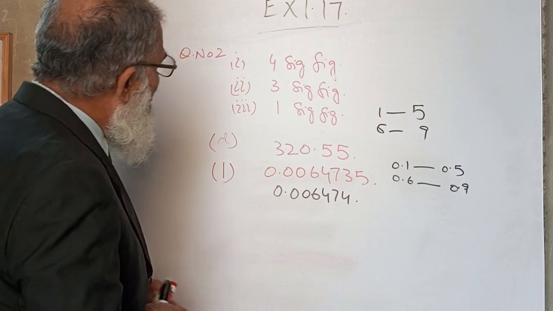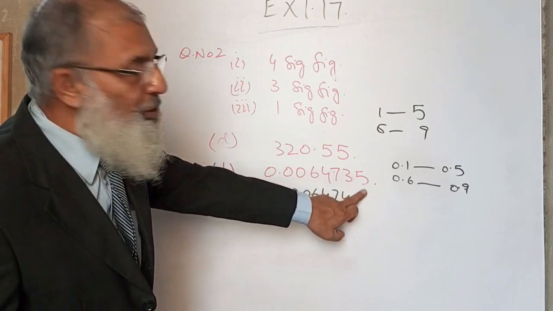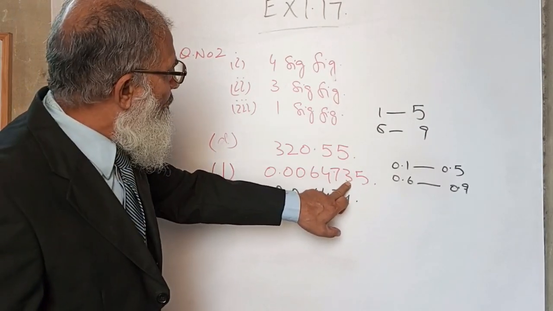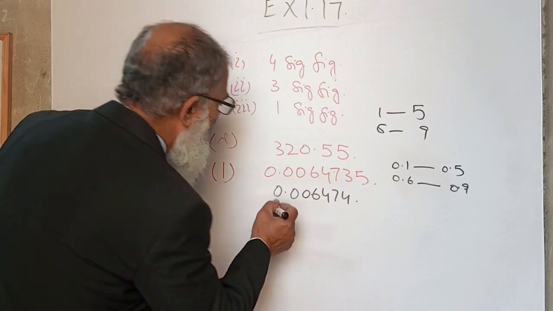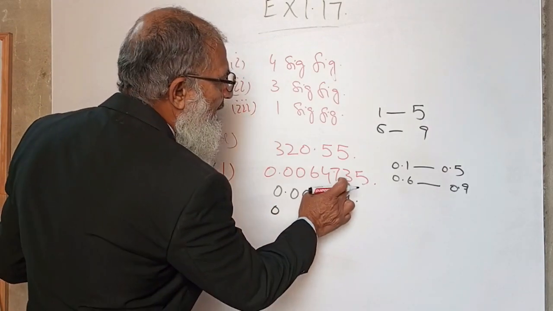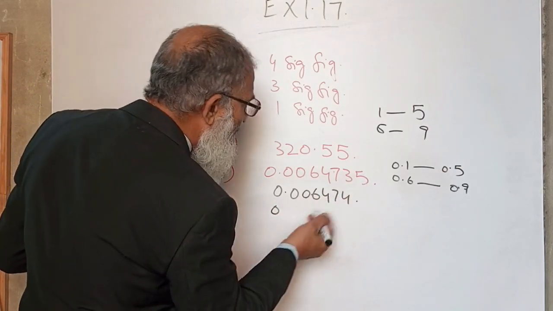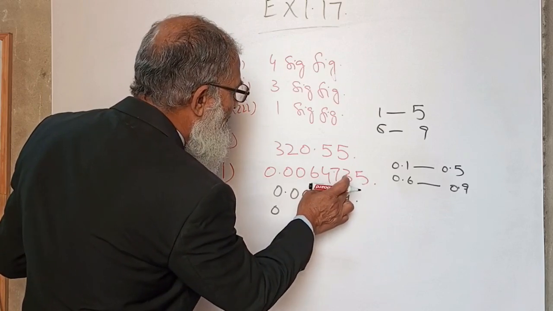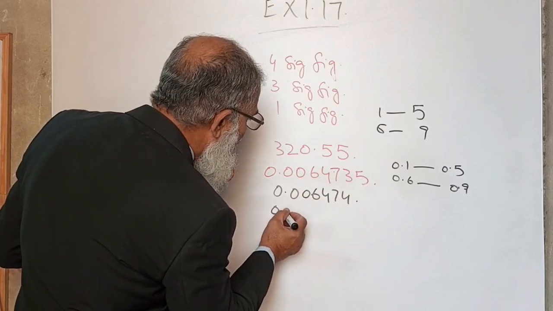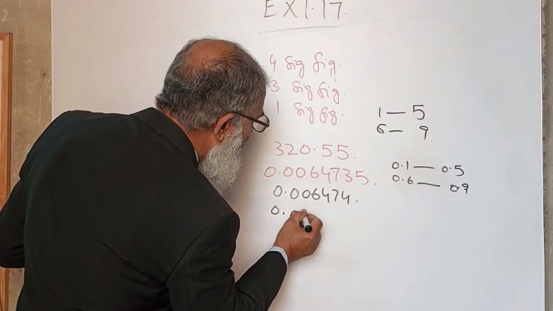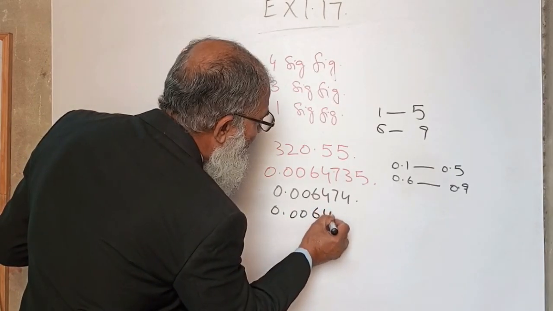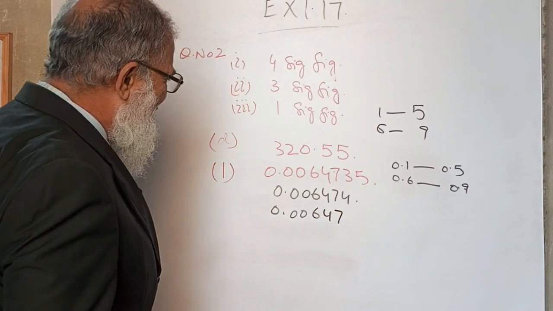Now you see, for three decimal places we have to ignore this. Because this is less than 5, this is less than 6, we'll just write it like this over here.